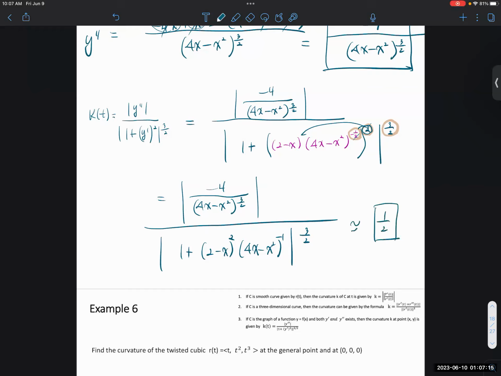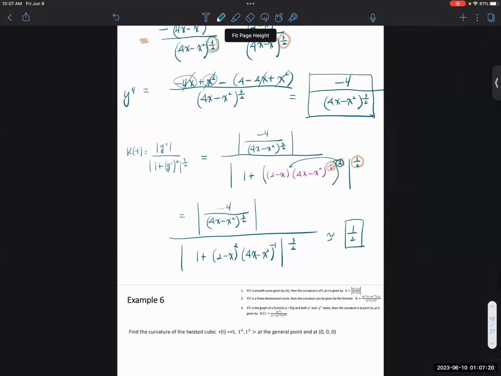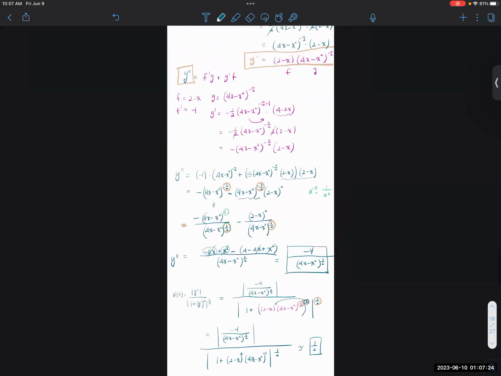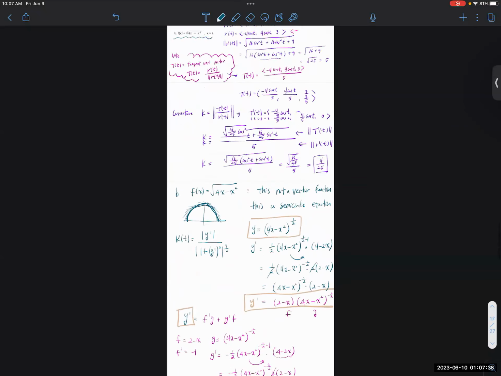So this is the curvature of that particular function, a semicircle. You see that the calculation is a little bit too much, but that's how you're going to find the curvature. Depending on the given information, you will find the curvature. Does it make sense? So think about it. That's what it is, and I'm showing you 3 different methods.